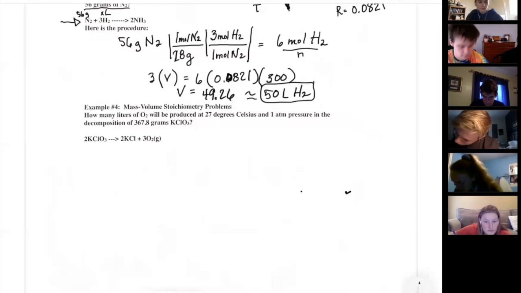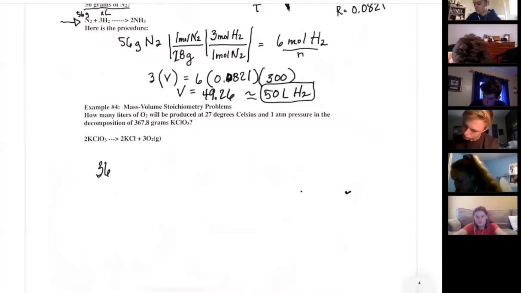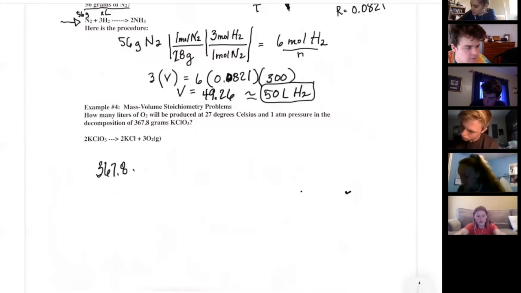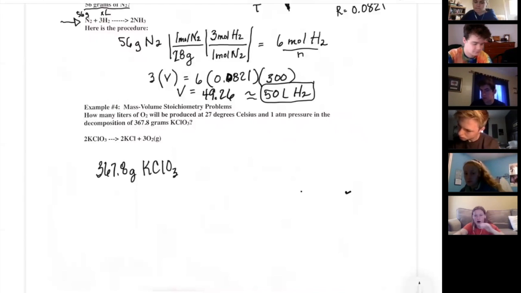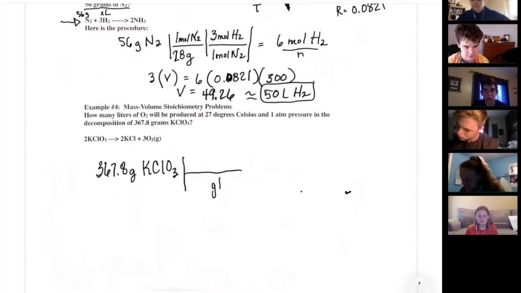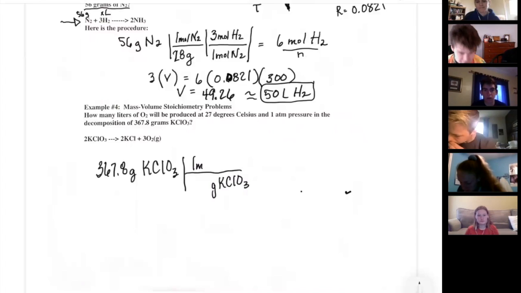You have to convert KClO3 in grams to moles. Okay, did you figure out the molar mass of that? No, I've not figured that out. Let me just tell you. What is it?